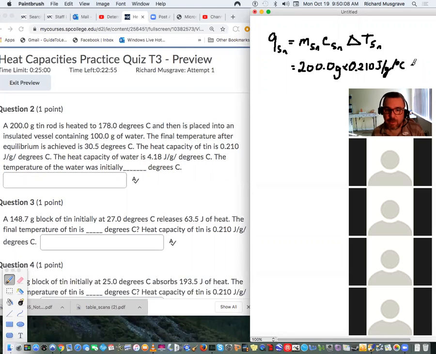I can't count on you to use them, but I think it's useful to do the units every time you do these problems. The delta T is going to be 178 minus 30.5. Trying to keep significant figures, which is based upon the number of places past the decimal, it's going to be 147.5.